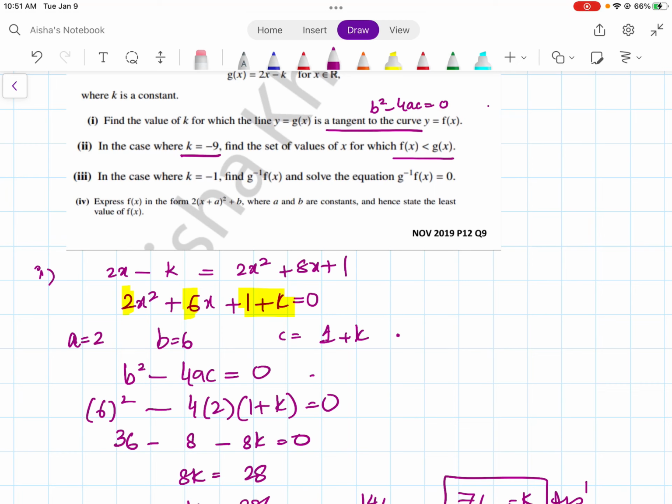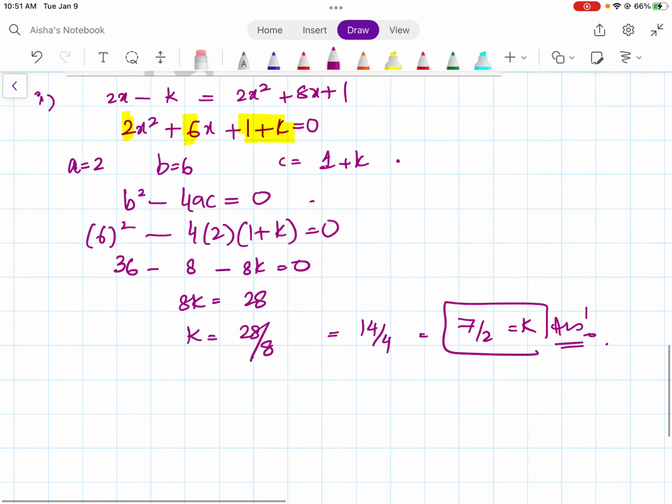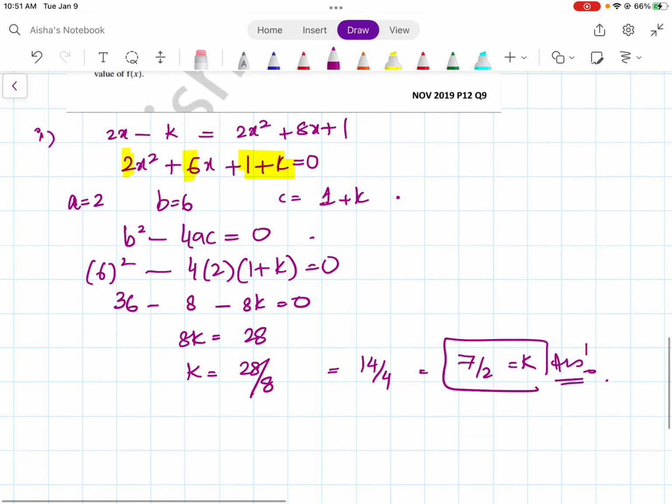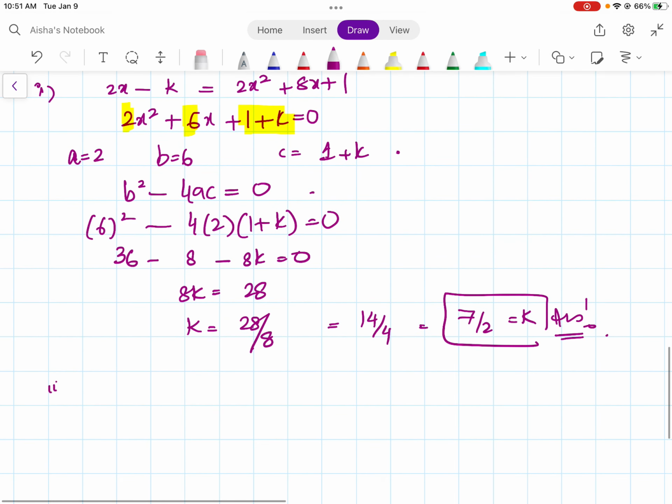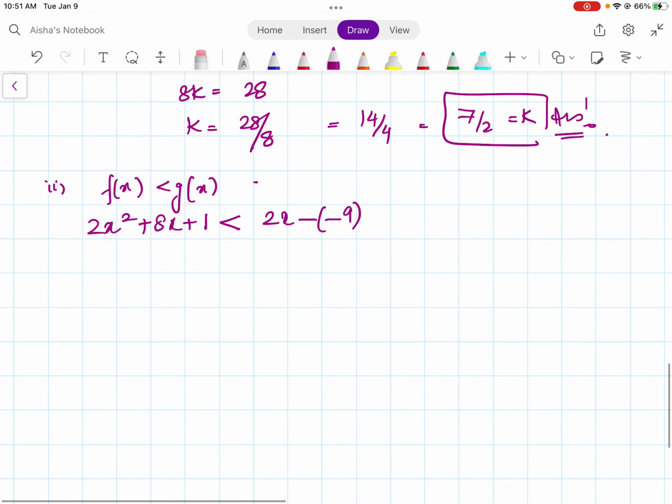Okay. In the case where k is minus 9, find a set of values for which f of x is less than g of x. In the case where k is minus 9, f of x is less than g of x. Plus 1 minus 9 will give you minus 8.